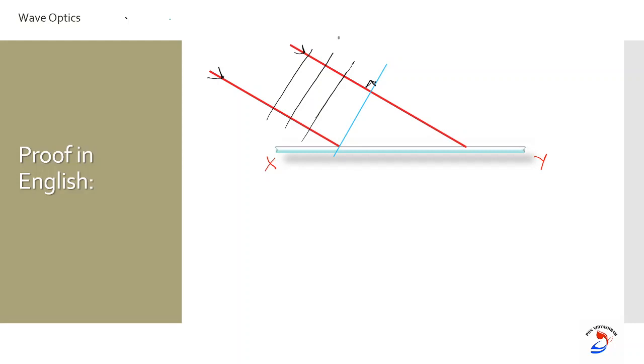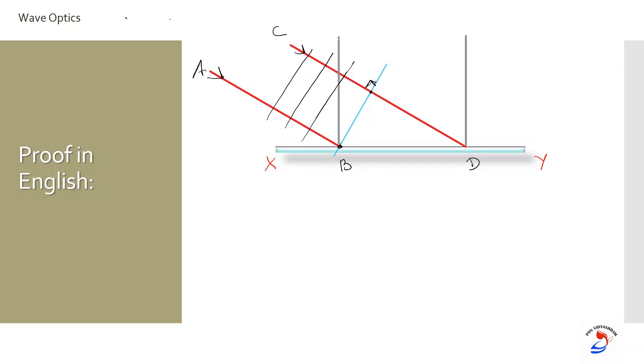So by the time this ray has reached here, this ray also would have reached this point, correct? What happens to this ray when this ray is here? Let's call this ray A, and it is incident at point B. Let's call this C, and it is incident at D. When the ray AB is incident at B, C is still traveling, right? What will B do?